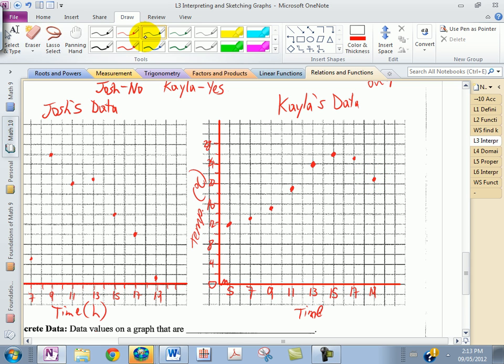Okay. So from this one, when you look at this graph, what does it look like? Goes up and then down. Up and then down. And so since there's measurements in between, we can connect these dots and it kind of makes a smooth curve. Okay.